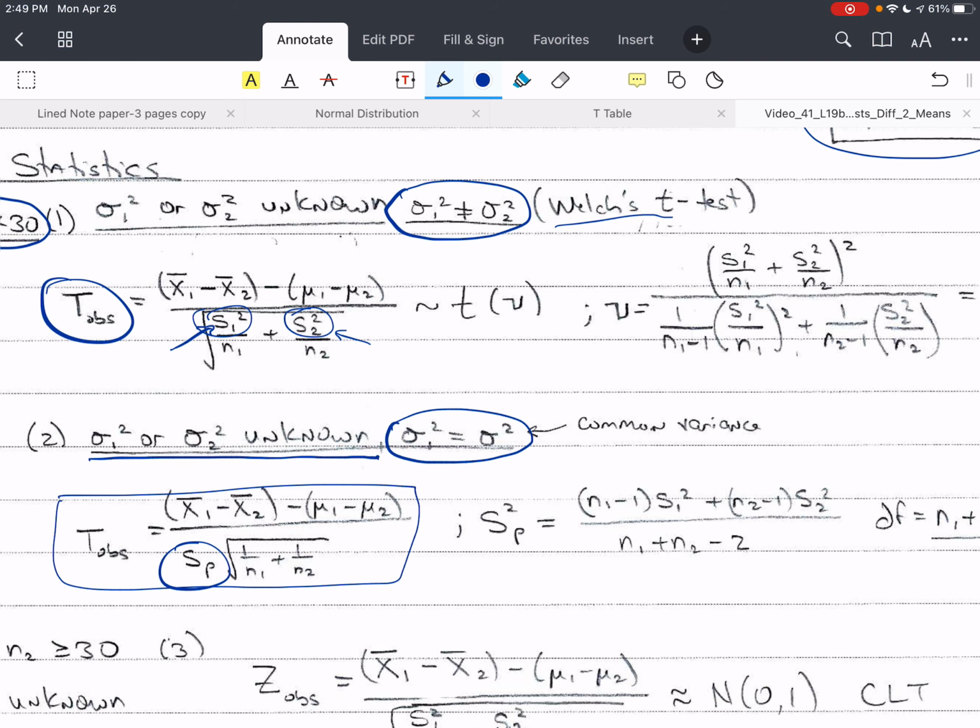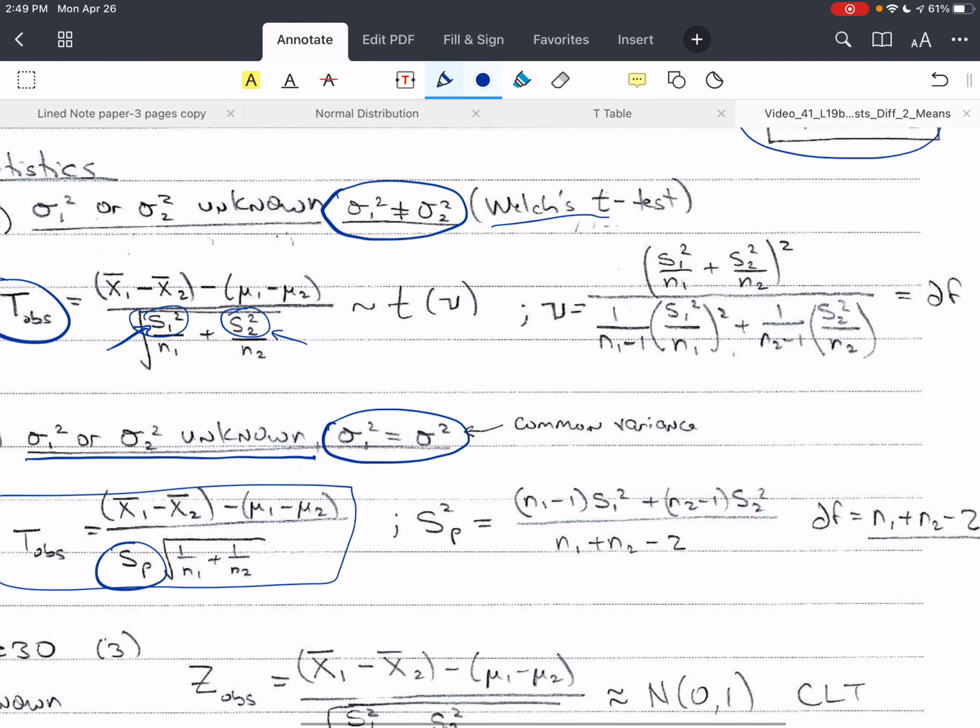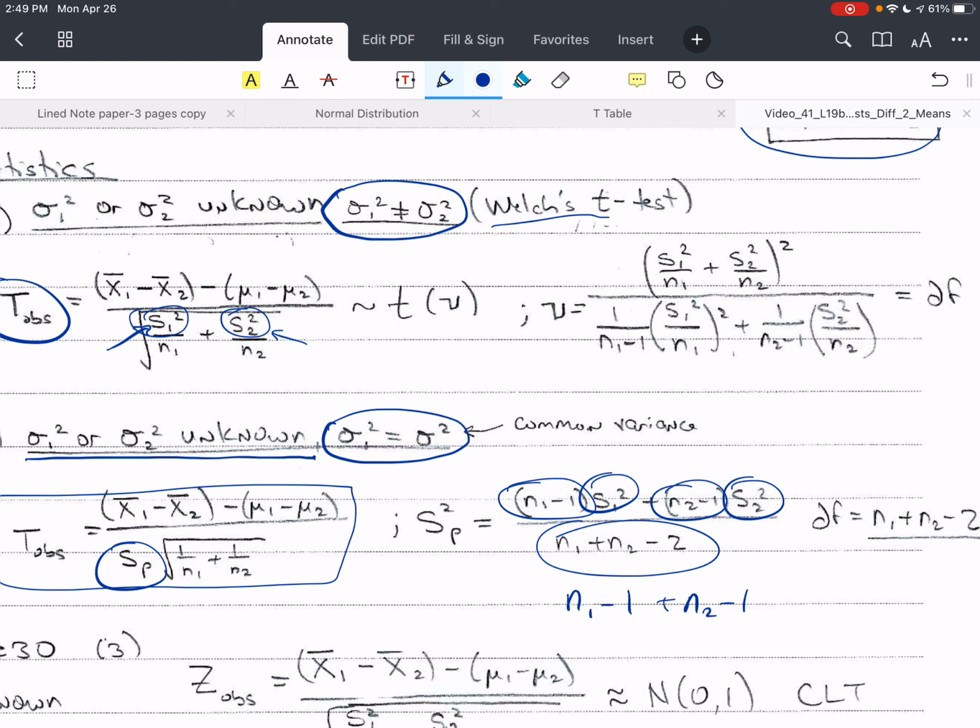And we do that by using what we call a weighted mean of the variances. So n1 minus 1 times s1 squared, n2 minus 1 times s2 squared, add those up, and then divide by n1 minus 1 plus n2 minus 1, which becomes n1 plus n2 minus 2.